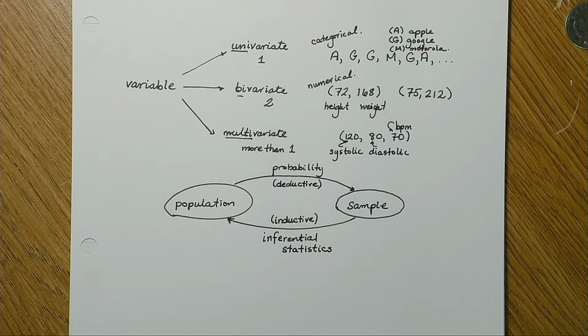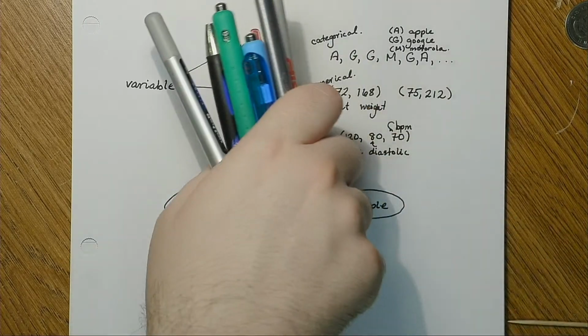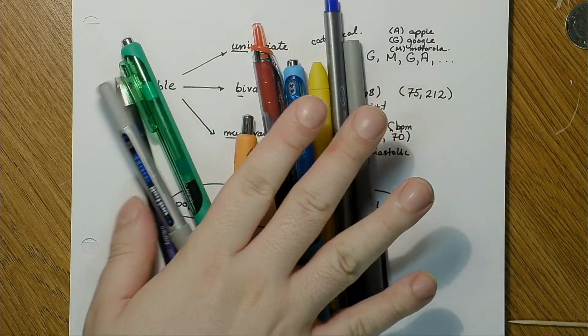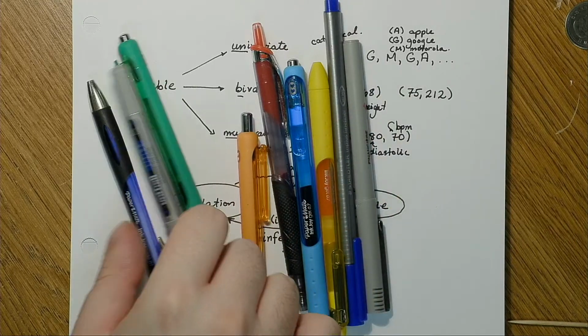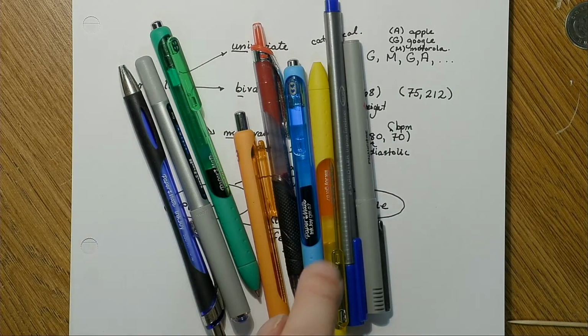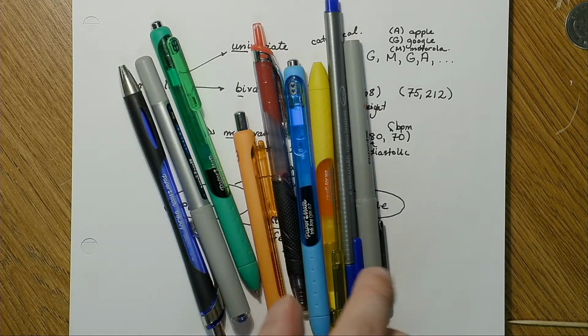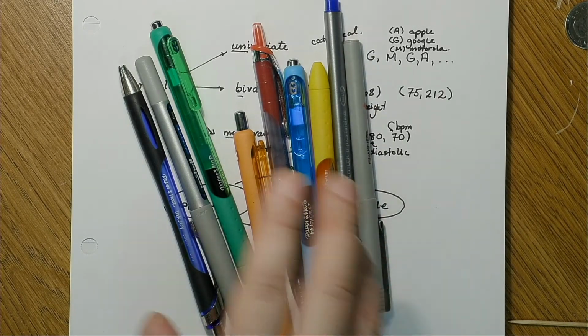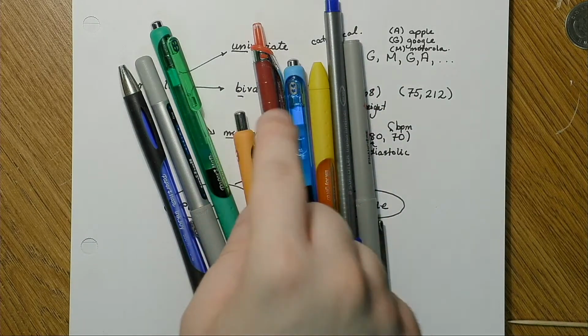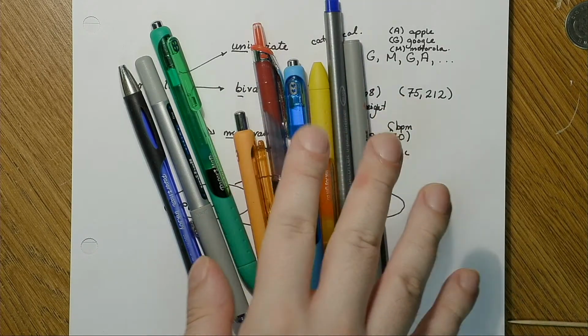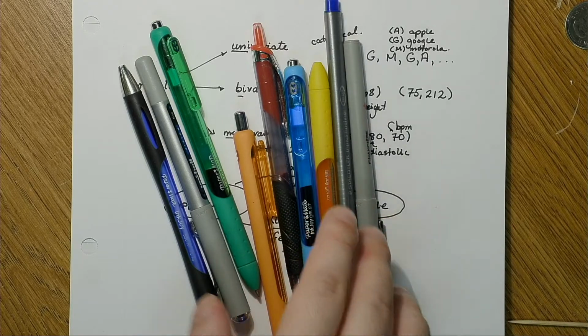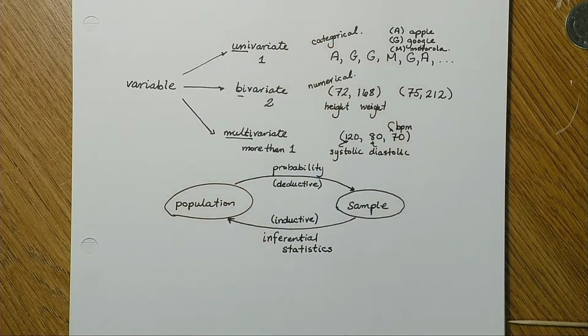I could have a collection of pens. So I know the entire population, and I know almost what my sample will look like. If I randomly select, I can calculate what the probabilities of picking those pens were without absolutely knowing.